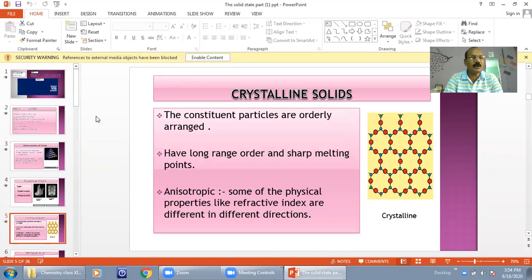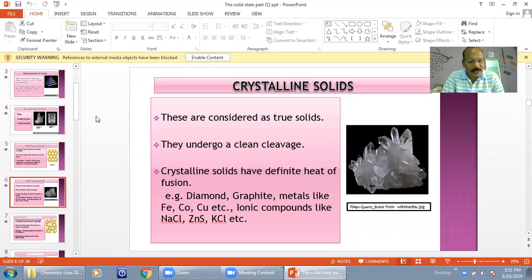They have long range order along with sharp melting points. Moreover, crystalline solids are anisotropic in nature. It means some physical properties, like refractive index, are different in different directions. These crystalline solids are considered true solids because they have orderly arranged structures.